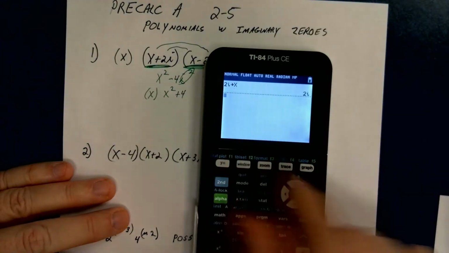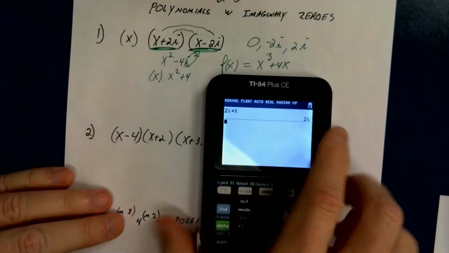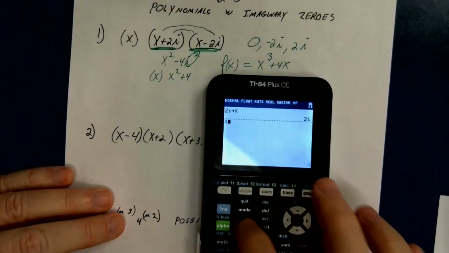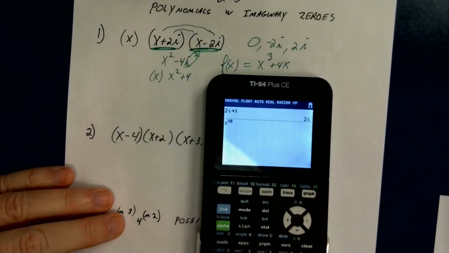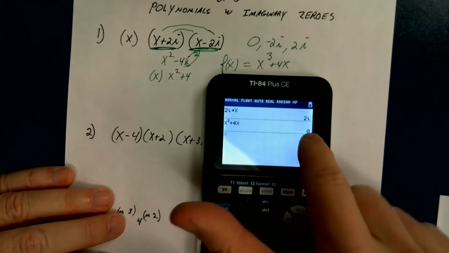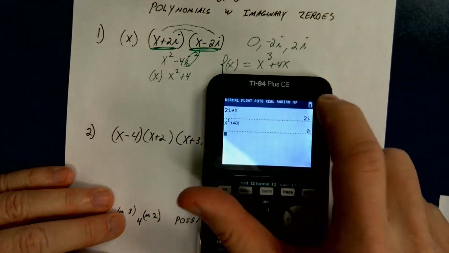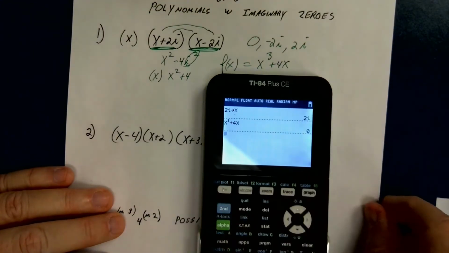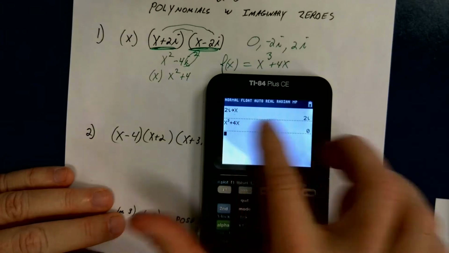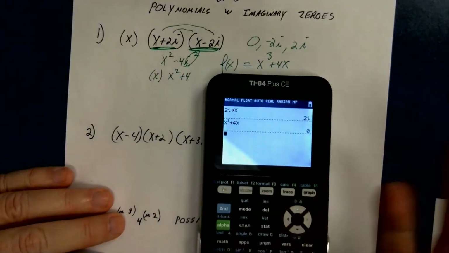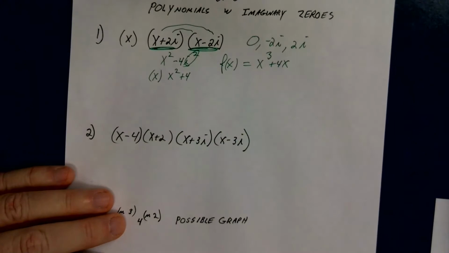There we go. And now I'm going to type in this actual polynomial, x cubed plus 4x. And when I hit enter, it should say 0. Look at that, it does. So that means that 2i is definitely a zero of the function. Now I could do that for negative 2i, and I could also do that for 0. It would all work.